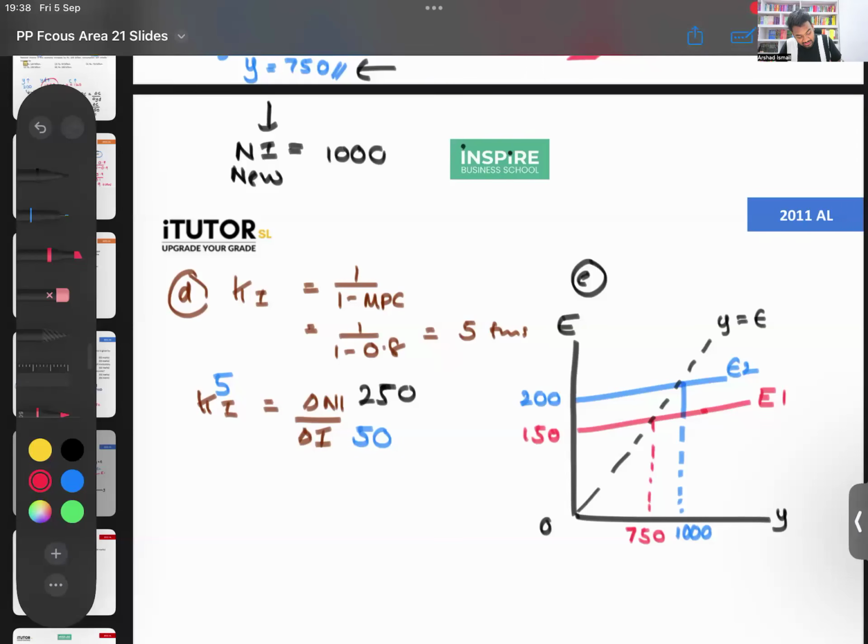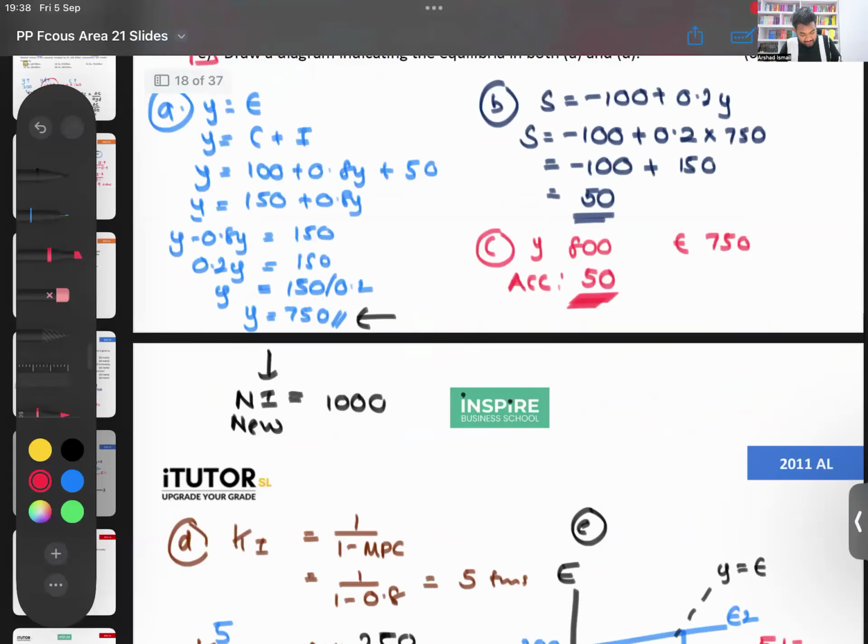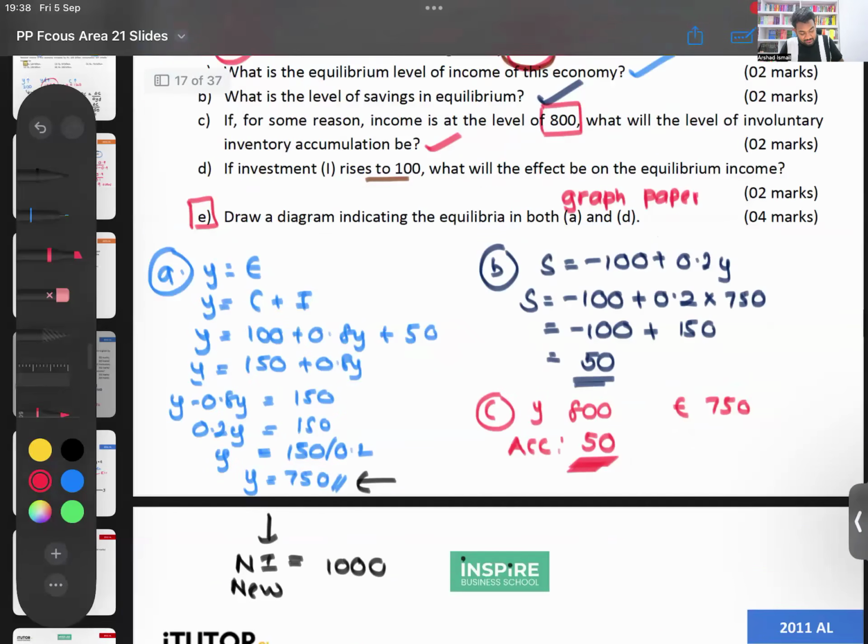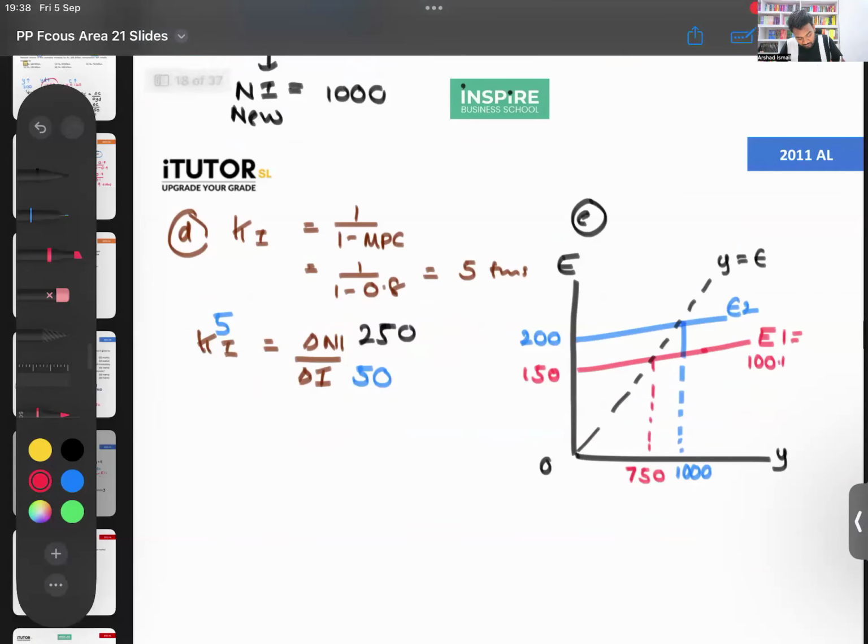This is C plus I. The consumption is 100 plus 0.8y plus 50. This is 100 plus 0.8y plus 100. That's the equation for this and equation for this. That's the story there. Okay.